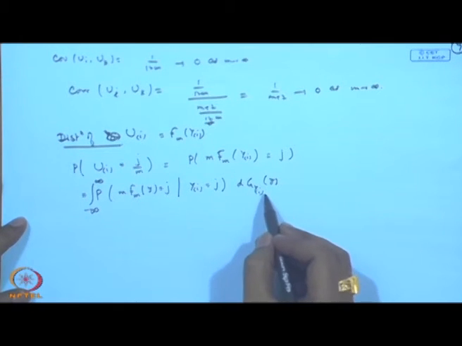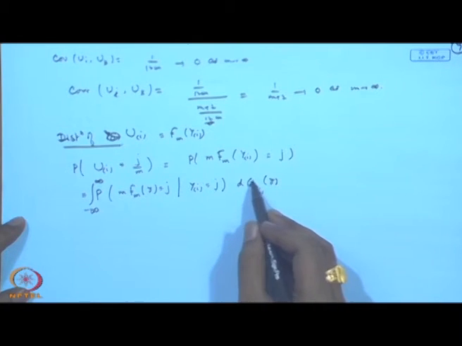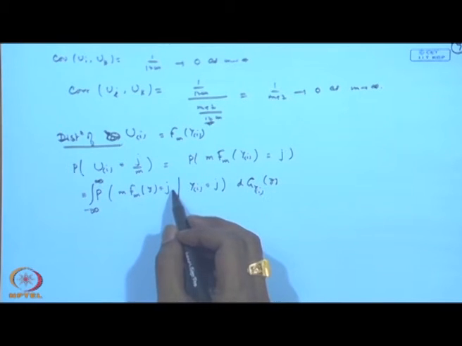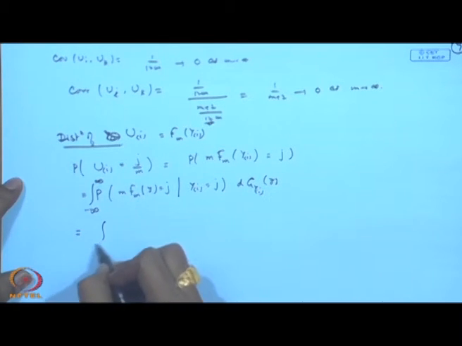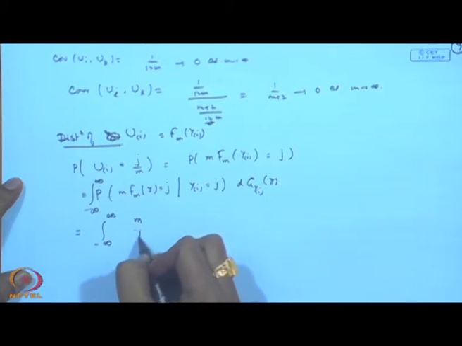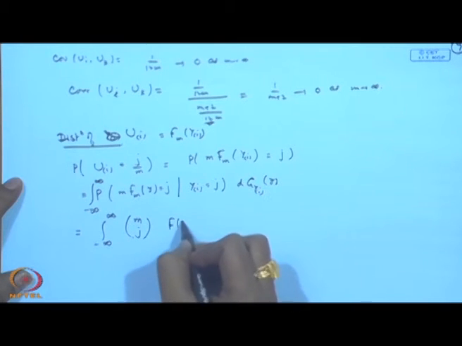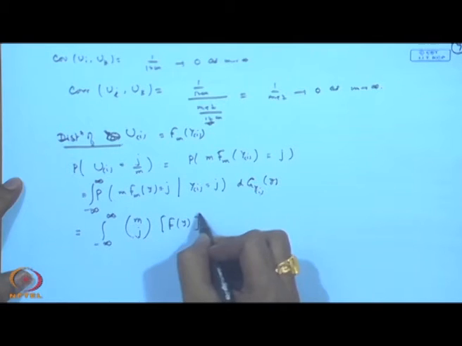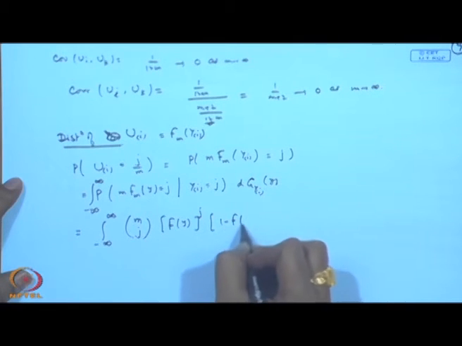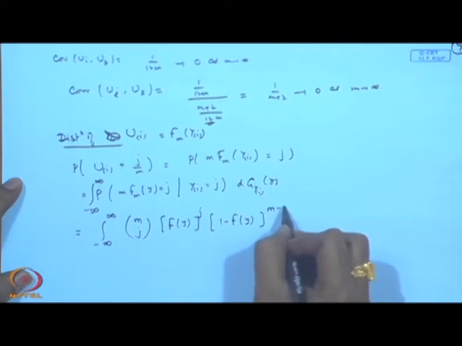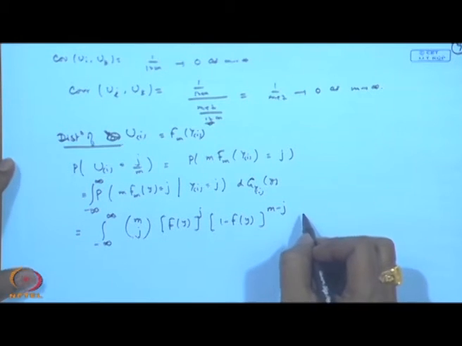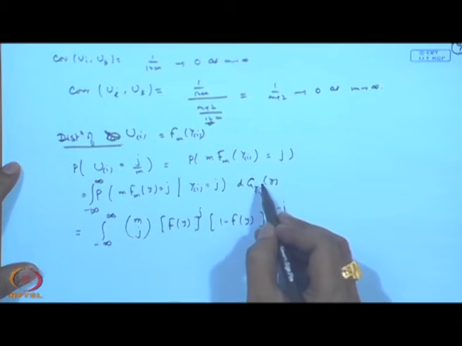Here the CDF of the ith order statistic from the second population is there, and this one is of course known, that is the binomial, m choose j, f(y) to the power j, (1 minus f(y)) to the power m minus j, and this distribution was known.